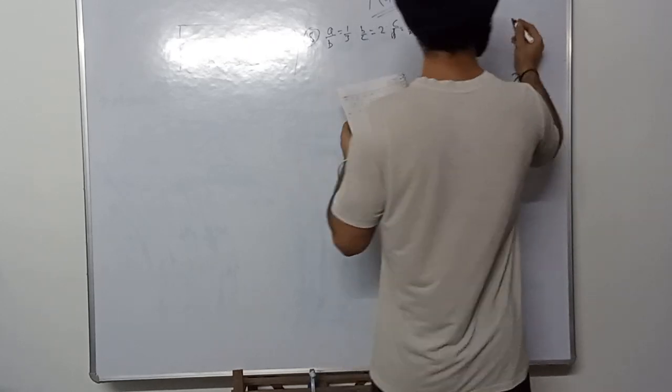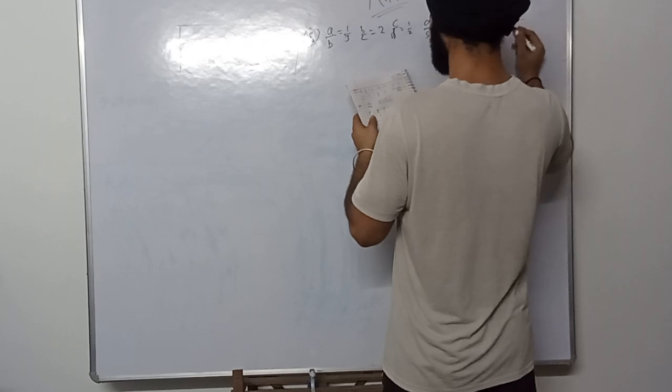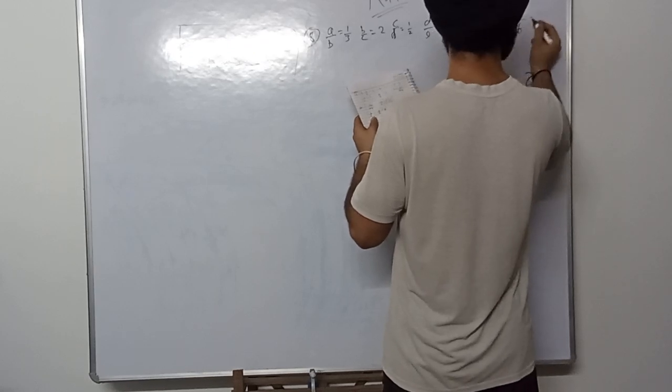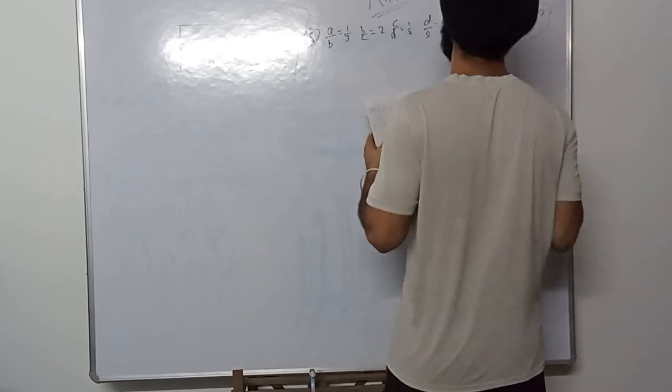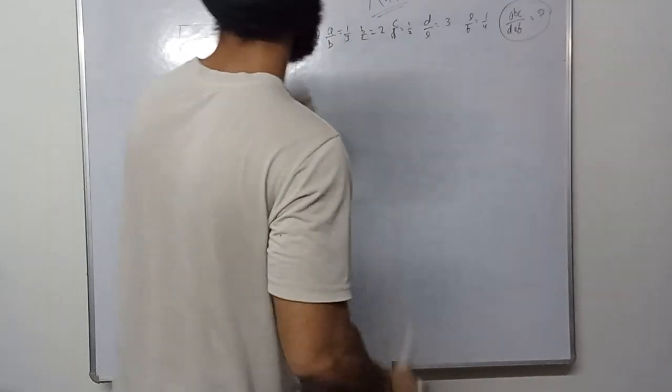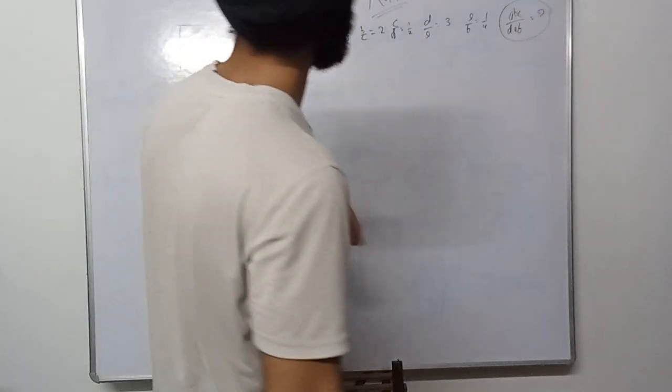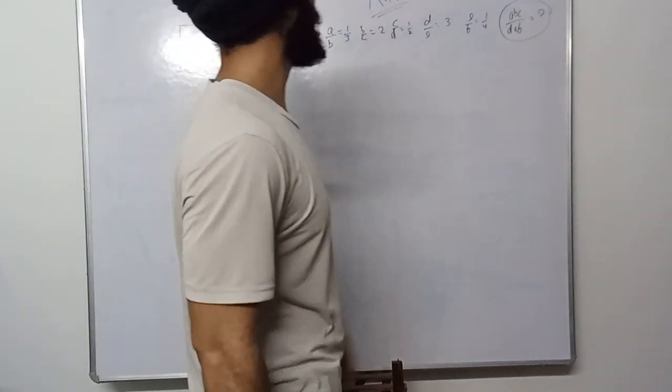Find the value of A, B, C, D, E, F. What's the value of this? So we have A ratio B, B ratio C. We have all the values of this.